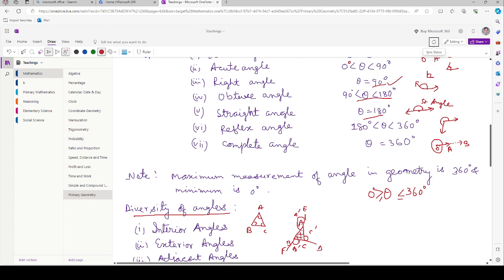Okay. And angle A, angle B, angle C are the interior angles of the triangle ABC.